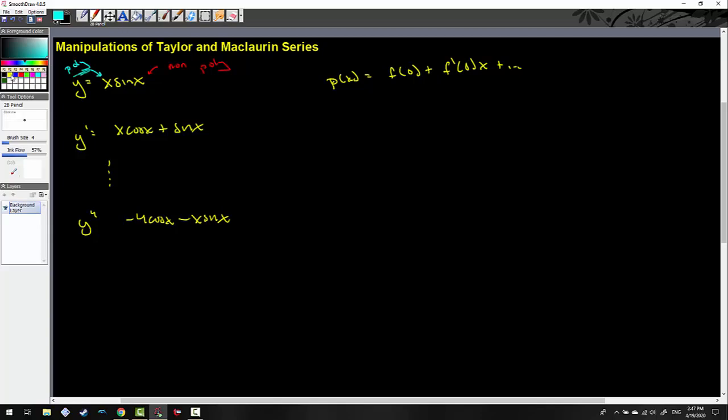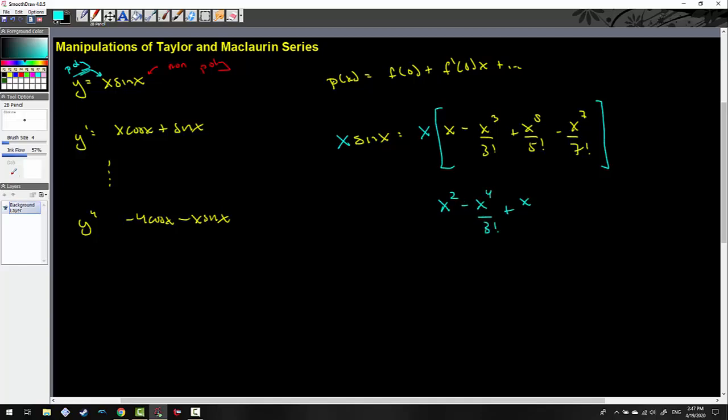If I know that my sine power series is going to be x minus x cubed over 3 factorial plus x to the 5th over 5 factorial minus x to the 7th over 7 factorial, then slapping on an x on the outside would be like multiplying this whole thing by x, giving me x squared minus x to the 4th over 3 factorial plus x to the 6th over 5 factorial minus x to the 8th over 7 factorial.